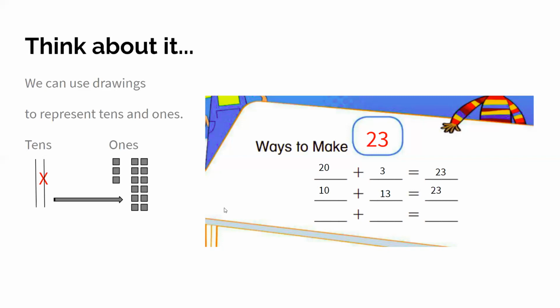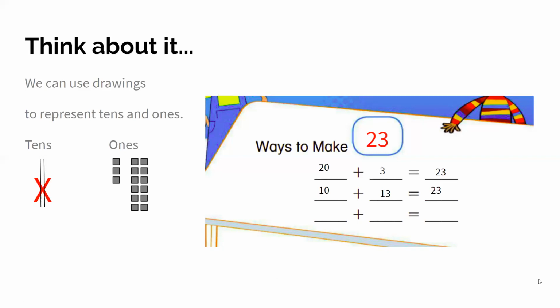And it wouldn't make sense. You would be saying 11 plus 13, and yes, that's 23, but there are not 11 tens over here. There is 1 ten over here, and we are representing that with the numeral 10. So I want you to keep your head in tens and ones.